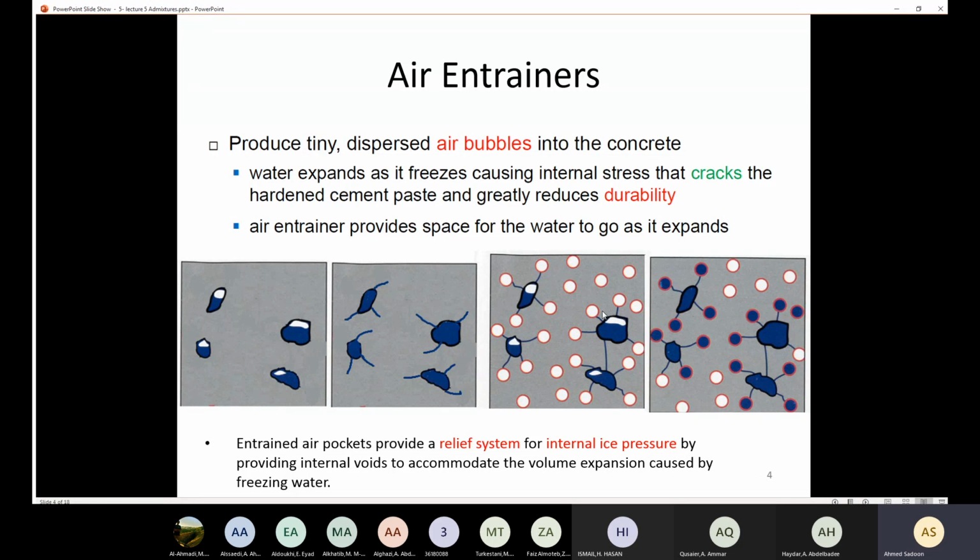And as a result, the change in the volume is not going to cause any cracks. So the air-entrainer pockets, these pockets here, provide a relief system for internal ice pressure. We said that we are going to have internal ice pressure because the volume of the ice is 9% more than the liquid water. And by that, we are going to accommodate the volume expansion caused by freezing water.